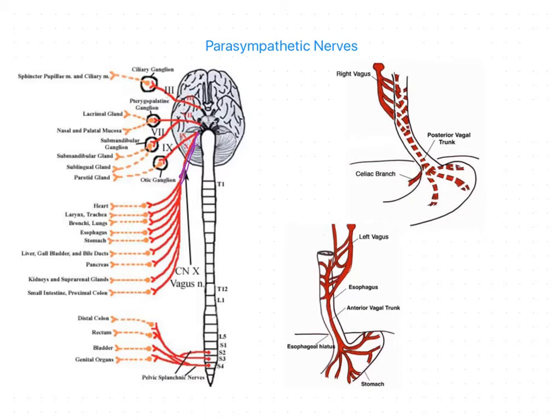So it is one source. And the next one is the pelvic splanchnic nerves, which arise from S2, S3 and S4. These will join the inferior hypogastric plexus. So these are the two sources for the parasympathetic nerves.